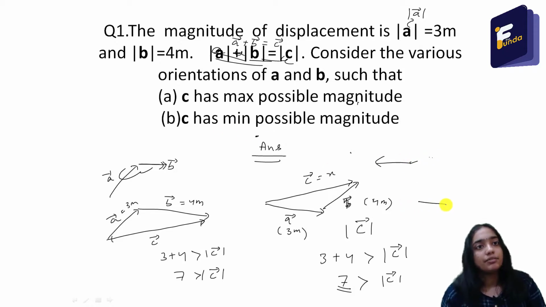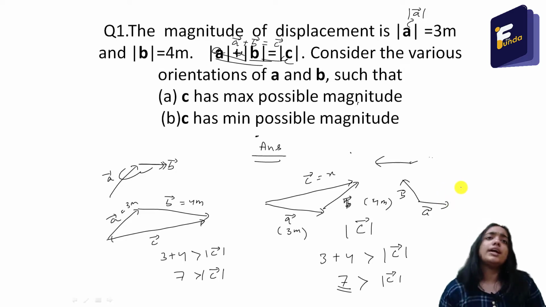If I keep vector A like this, vector B like this, then obviously I will use the parallelogram, and also I can use the triangle law, the same thing. So I will just transpose this B vector here, and again these two are forming the two sides of a triangle.